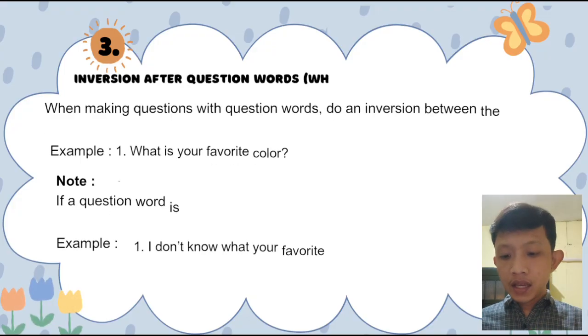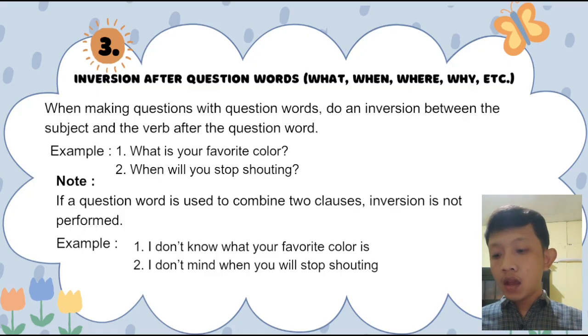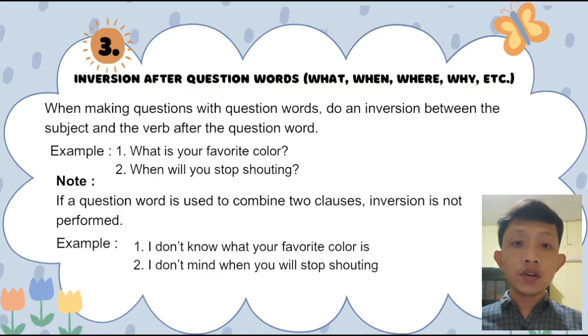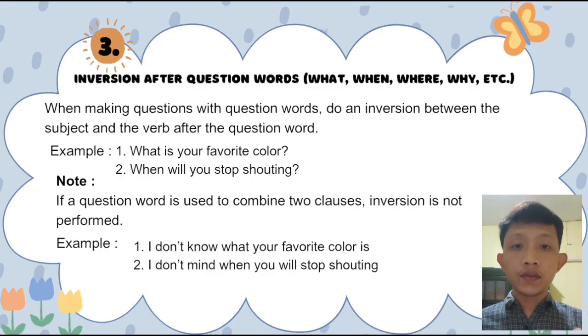3. Inversion after question word: what, when, where, and why. When making a question with a question word, do an inversion between the subject and the verb after the question word. Example number 1. What is your favorite color? Number 2.